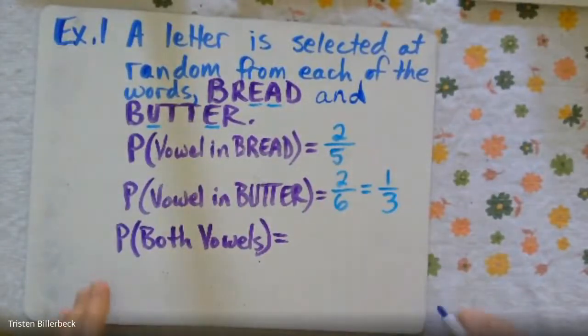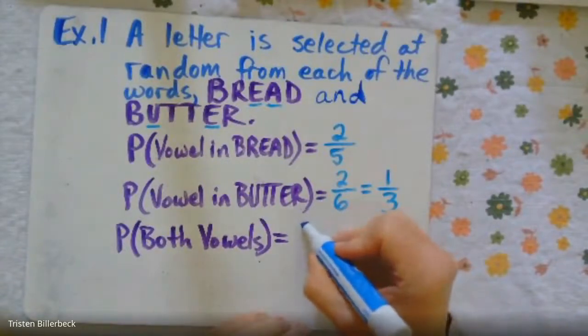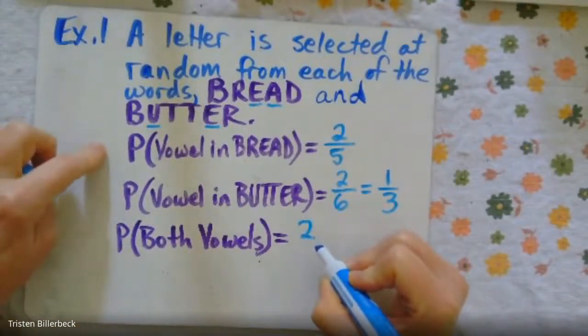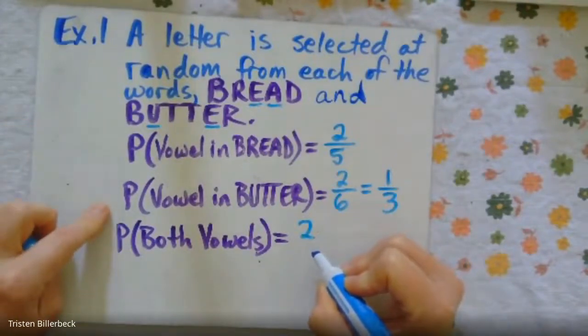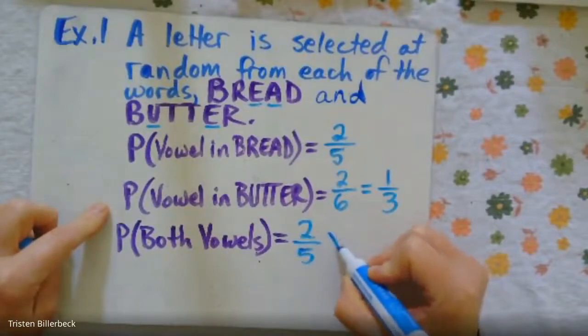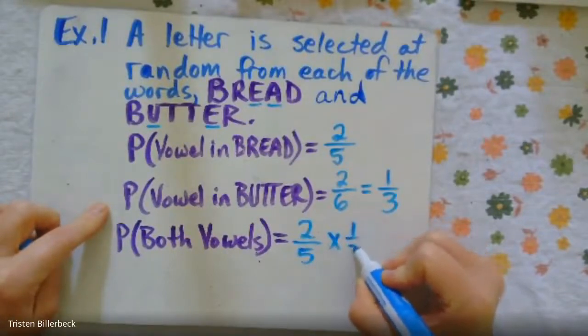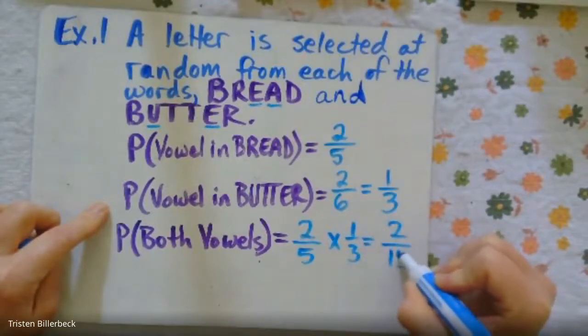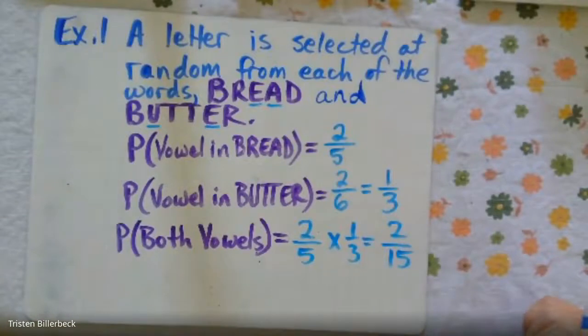So the probability that a vowel will occur in bread and a vowel will occur in butter is 2/5 times 1/3, which is 2 out of 15.